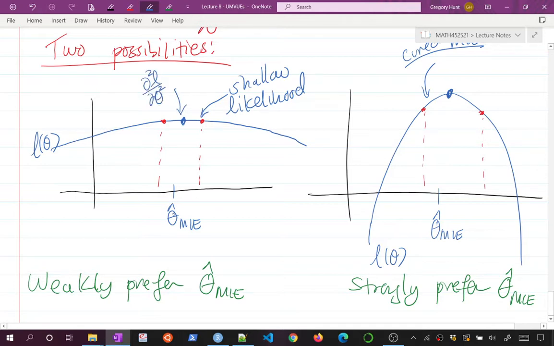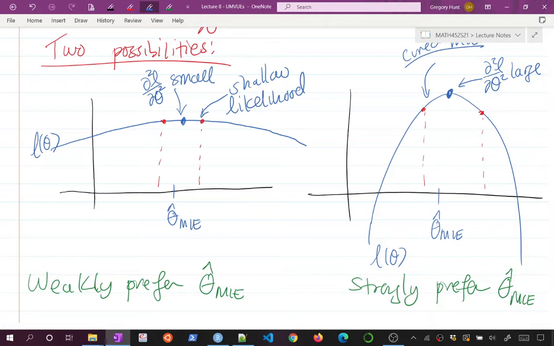If we look at the second derivative, if we have a shallow likelihood, dL/dθ is going to be small around θ hat. And if we have a very curved likelihood, the second derivative is going to be very large around θ hat, the MLE, because it's very curved, right?